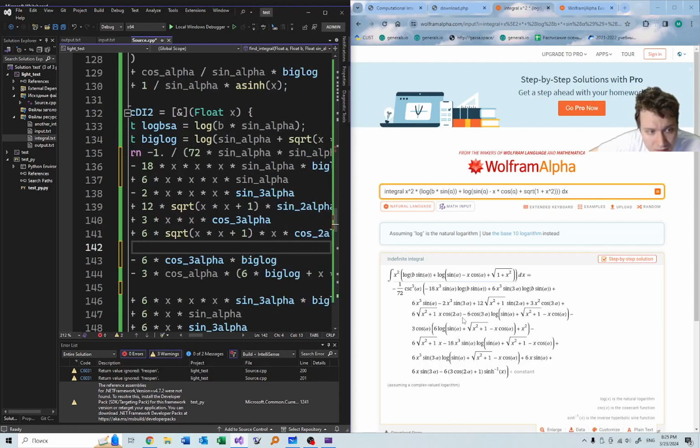Minus 6 cosine 3 alpha logarithm of, okay, big log actually, just big log. Minus 6 cosine 3 alpha big log.